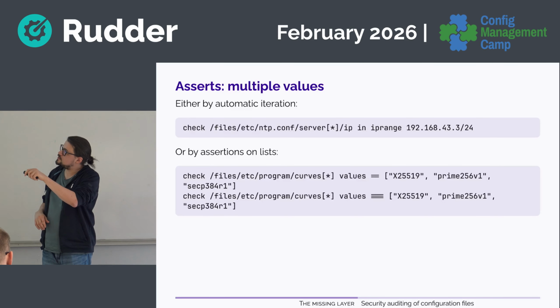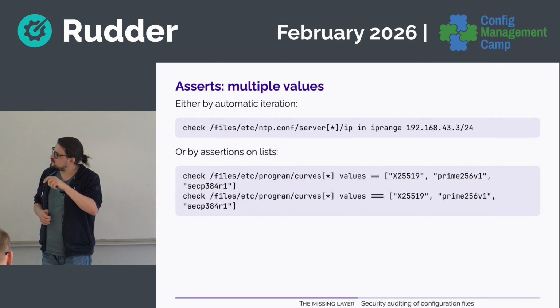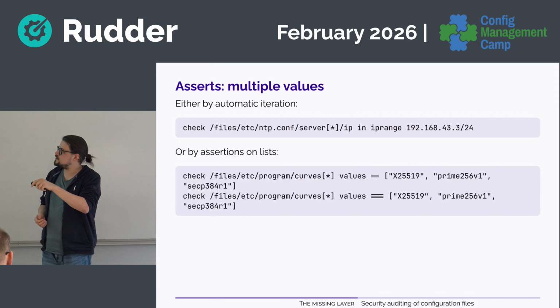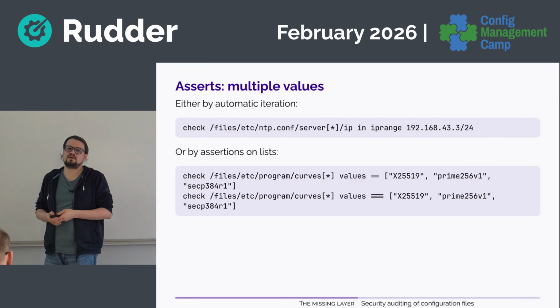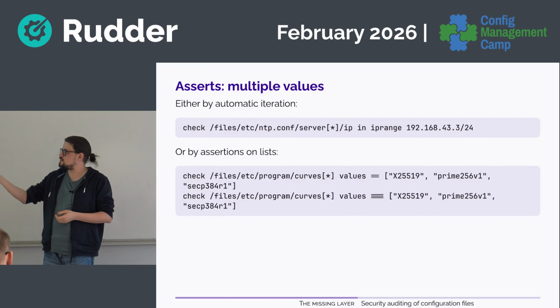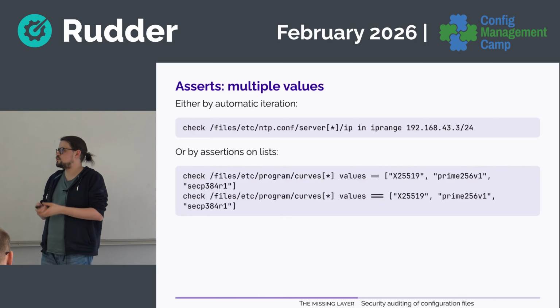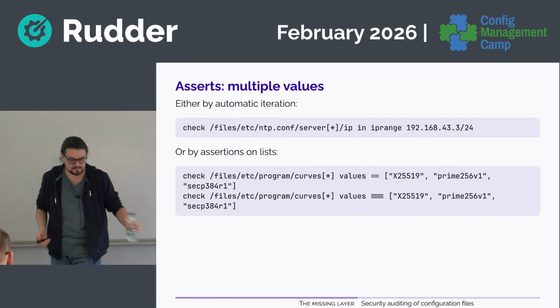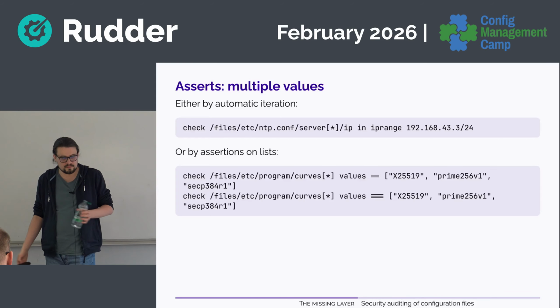This is actually two equal signs. That's because of the ligatures, but two equal signs means any order but must match the list, and with three equal signs, it means it must be this exact list in this order. So this allows quite advanced assertions, and that's something that's actually needed for CIS compliance. Okay, so this was the extension of the language.